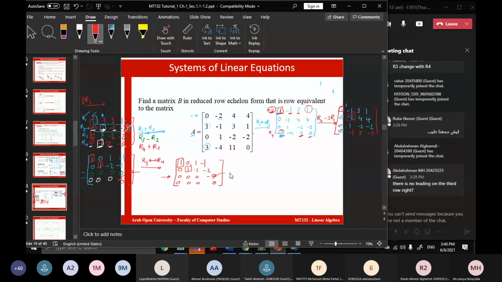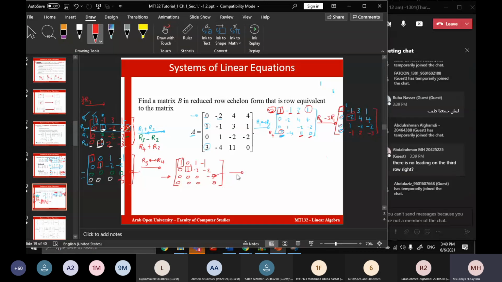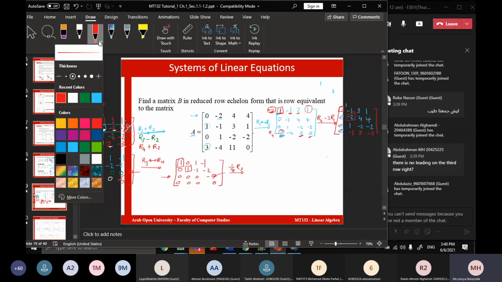So in this step I'm going to change only R3. What is the new R3? It is the old one times minus 1 over 5. Okay. So instead of writing the matrix again, I will write it in the same matrix.